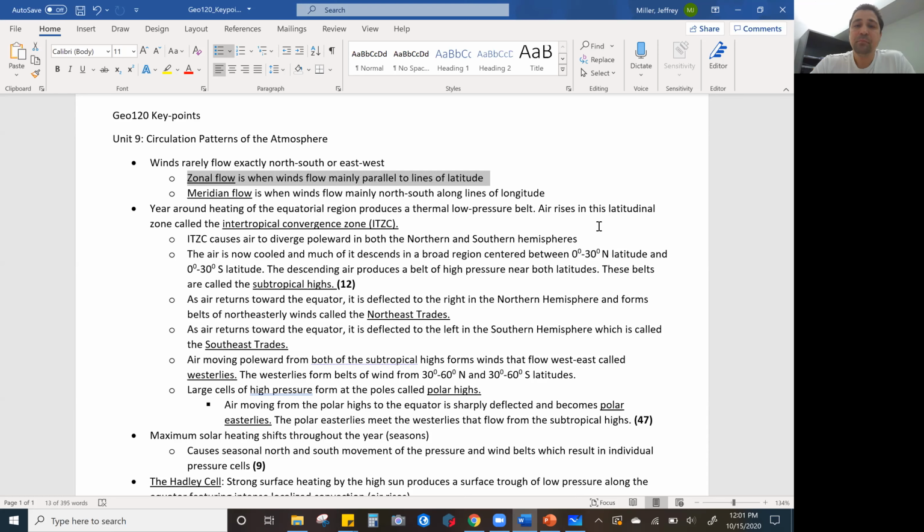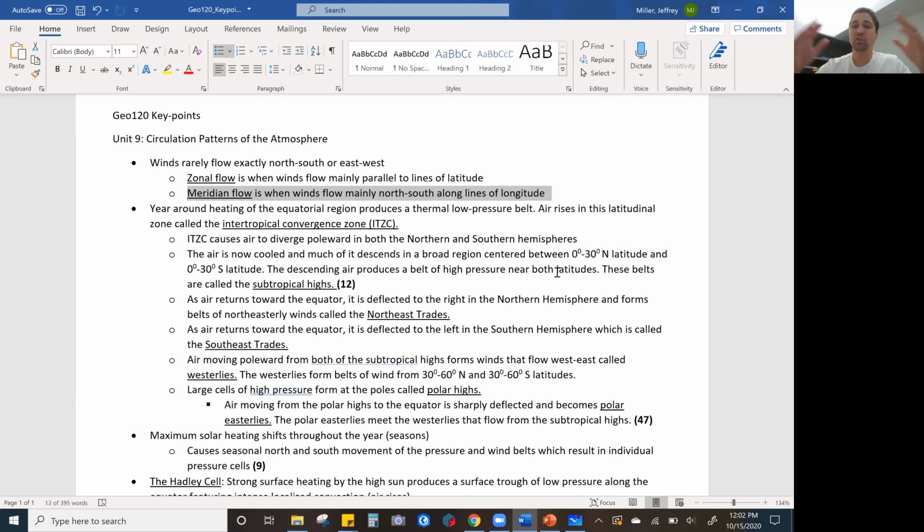Winds that flow more parallel to longitude, we call meridional flow. Meridian, that makes sense, like meridians, longitude. And you can think of zonal as parallel. We know parallels are latitude.